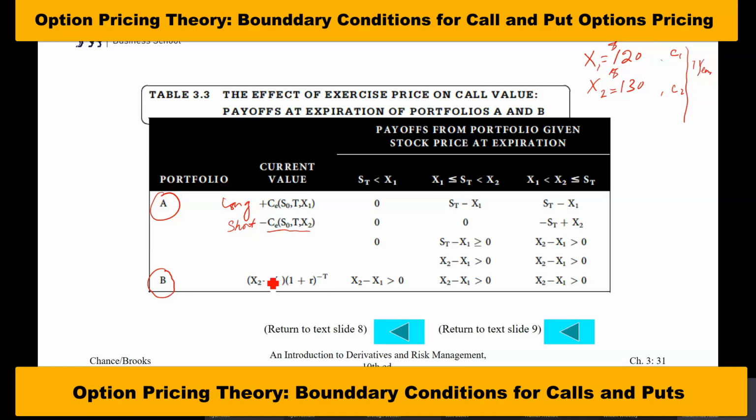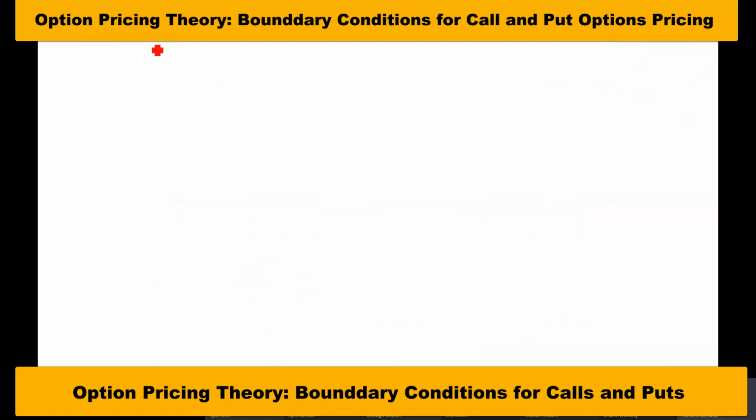Portfolio B, on the other hand, is a risk-free portfolio where you have invested the difference between the two exercise prices in risk-free bonds. So right now, P0, we have portfolio A where we have C1, which is a European call with exercise price X1, and I have a long position, so a plus sign here.